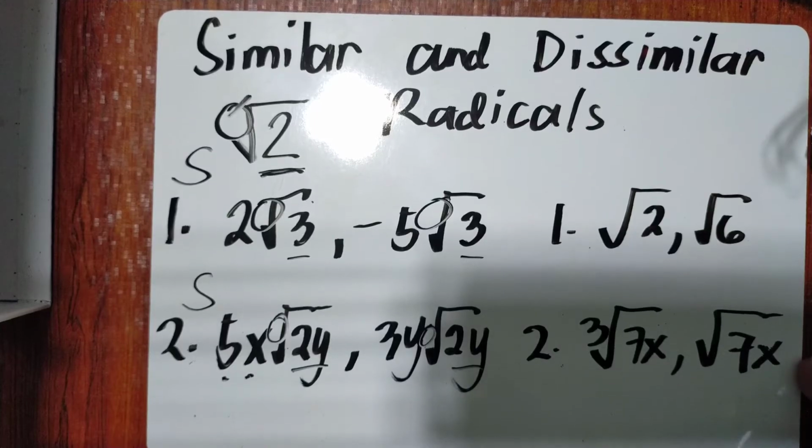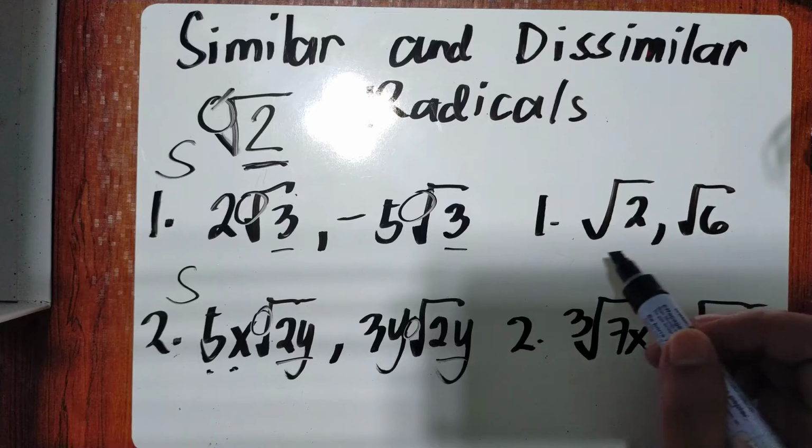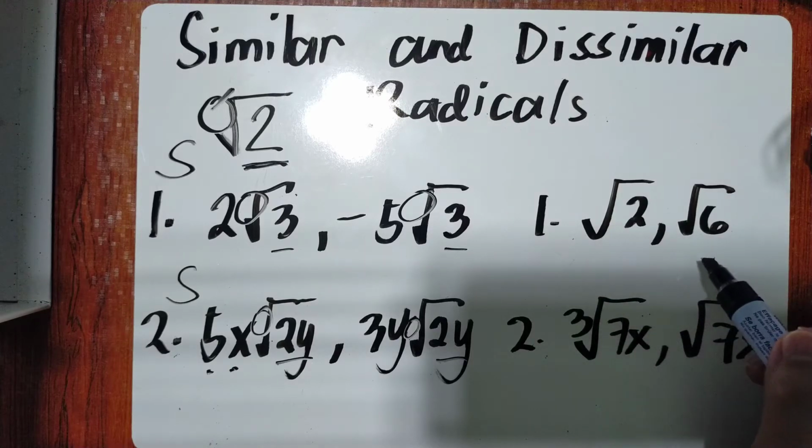How about dissimilar? When we say dissimilar radicals, they are the radicals having different radicands and indices. No? So, magkaiba sila ng index or ng radicand. Ibig sabihin, parehas man sila ng index, pero magkaiba sila ng radicand, dissimilar pa rin sila. Okay? For example, in number 1, square root of 2 and square root of 6.